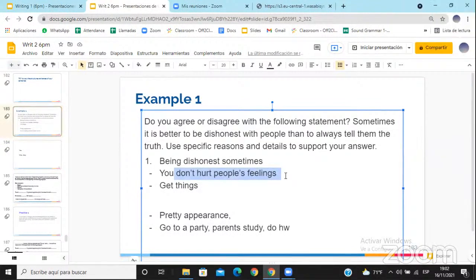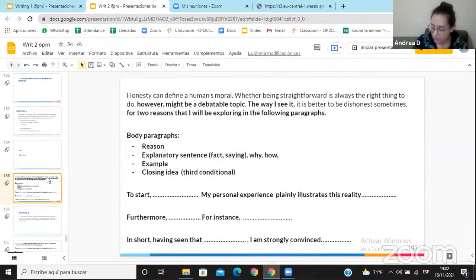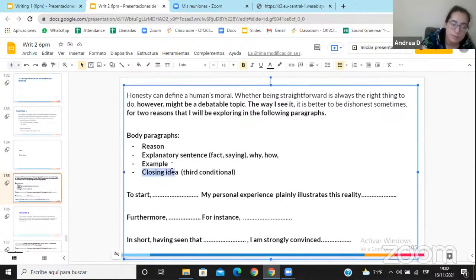Okay. Yeah, thank you. Any other question? And that part doesn't have connection with the example that we gave later. The example needs to have a connection. The example needs to support even more what you're already saying. Everything's going to be connected. You cannot introduce a different argument or idea here.